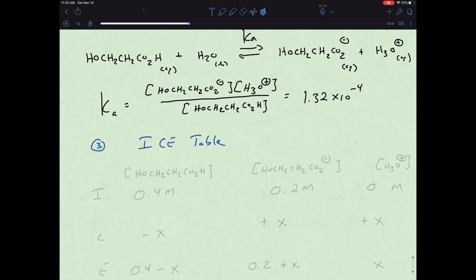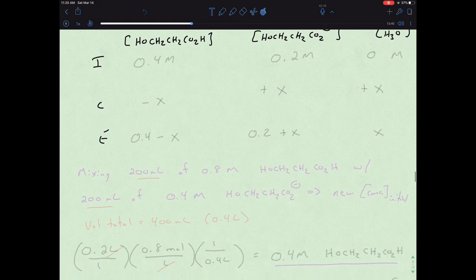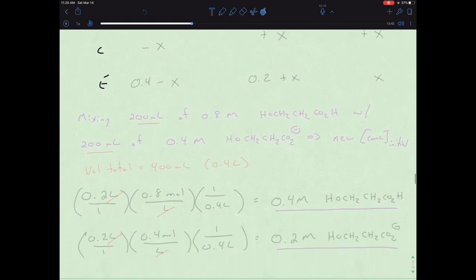We have a concentration for our parent acid, a concentration for our glycolate, and a concentration for our hydronium. Now, if we go back to the question itself, we do have 0.8 molar glycolic acid and 0.4 molar glycolate, but realize that we're mixing those two solutions.